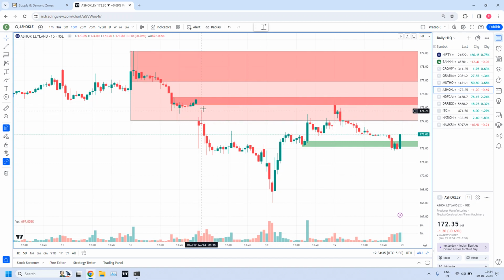See here already this zone, see the rejection from here. It has already consumed some demand. Because of that, some rejections, prices came down from this area. So definitely demand. Moreover, prices did not enter into this demand area.